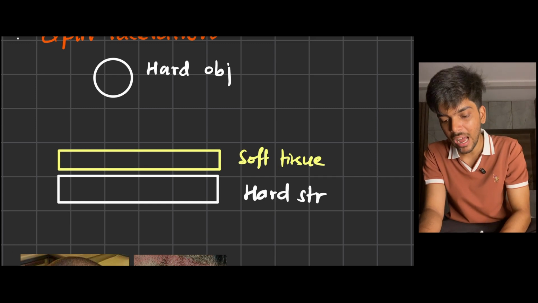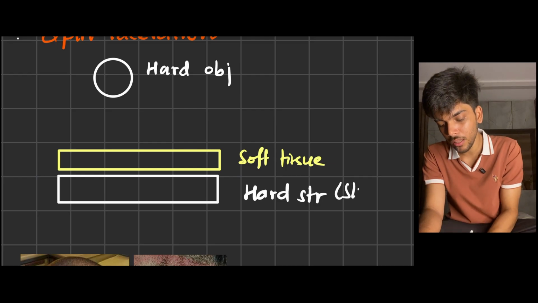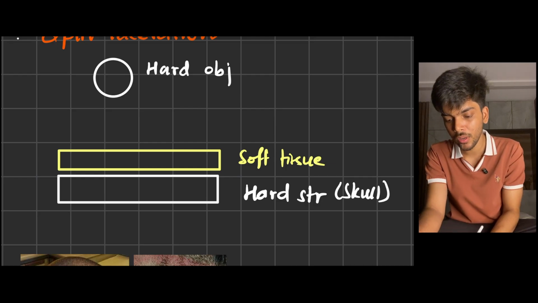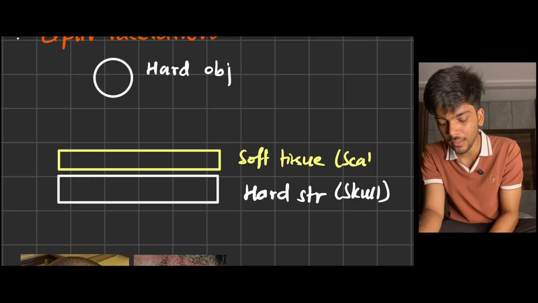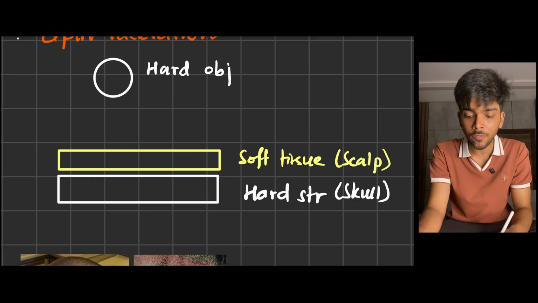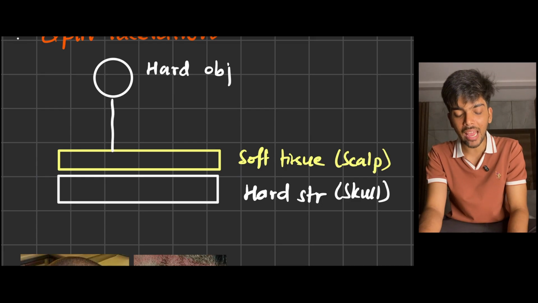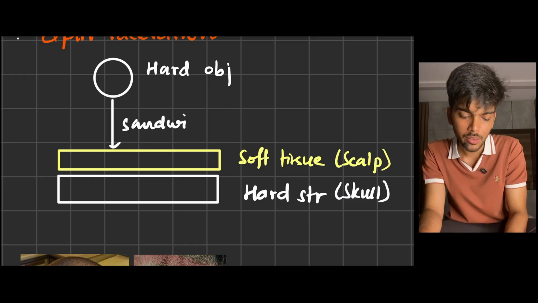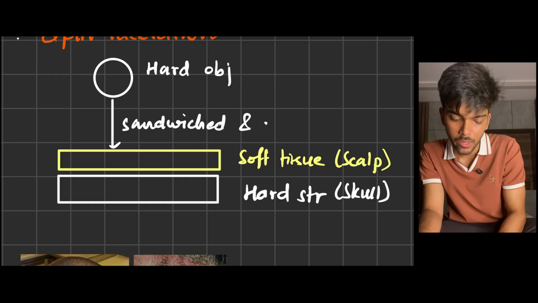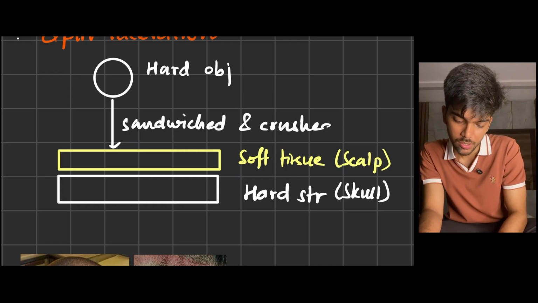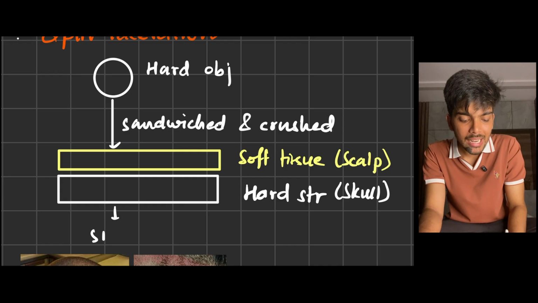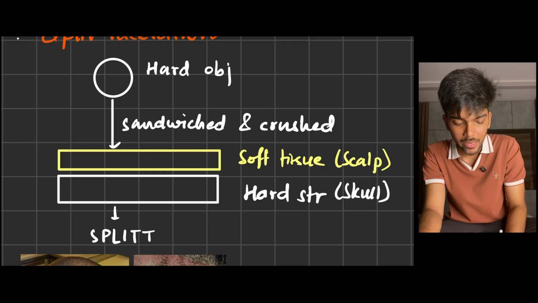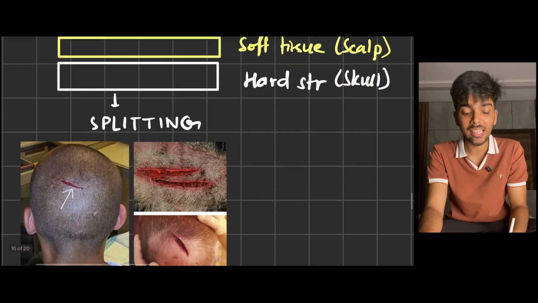For example, the hard structure can be your skull and the soft tissue can be the scalp overlying the skull. So this soft tissue is sandwiched and crushed in between the two hard structures. As a result, splitting takes place, and this is referred to as a split laceration.